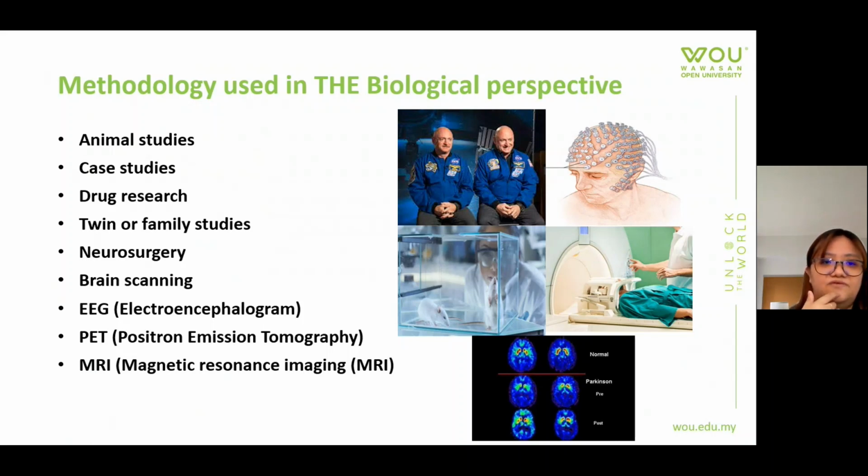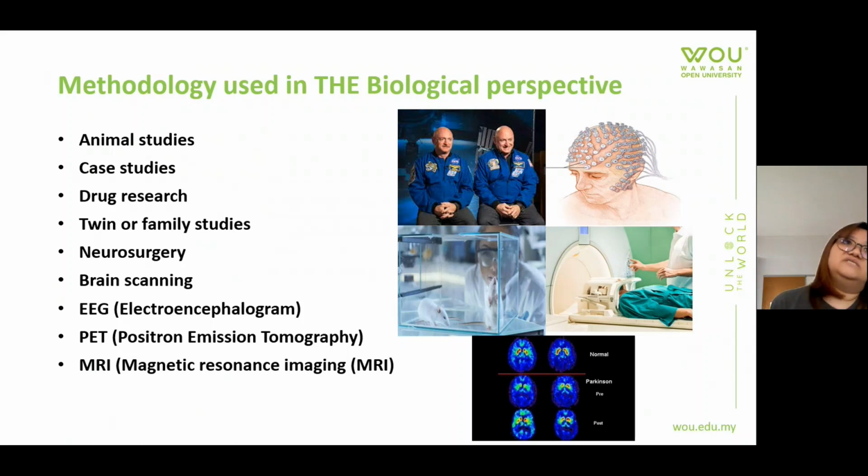So for EEG, as you can see in the picture, the drawing with all the small little nodes on a hat. This one is worn by the person to record the brainwave movement when they are doing certain tasks.